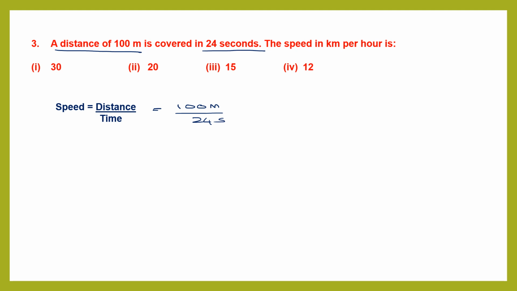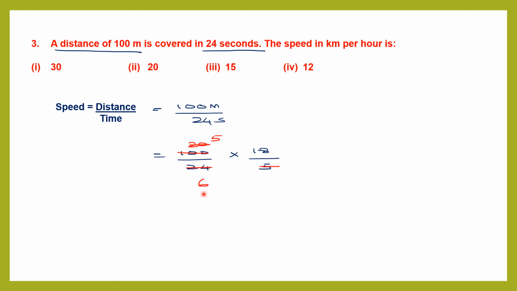So now we have the speed in meter per second. To convert this into kilometer per hour, so that is 100 by 24. To convert into kilometer per hour, you just have to multiply by 18 by 5. So now let's cancel. I can cancel 5 and 100. 5 into 20 is 100. Then I can cancel 20 and 24 by 4. 4 5s are 20, 4 6s are 24.